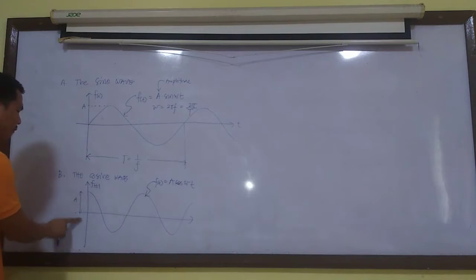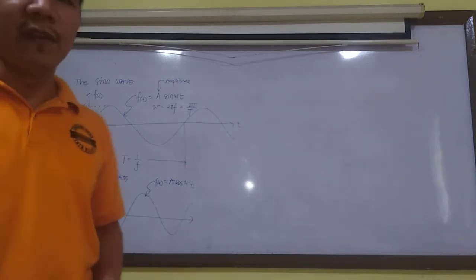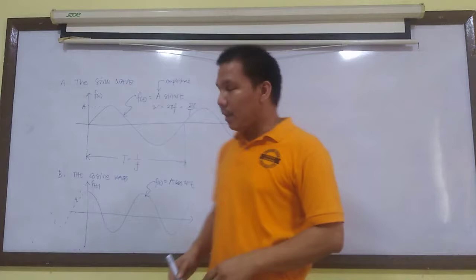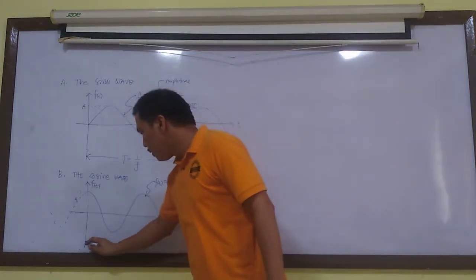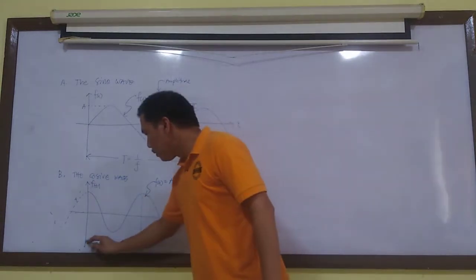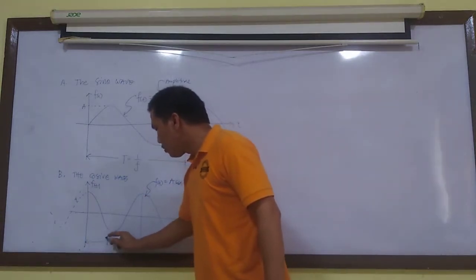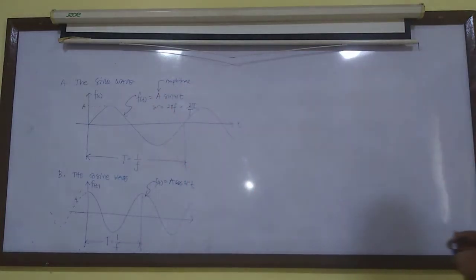The graph moves from negative infinity up to positive infinity. Your period is the time when this cosine function makes a complete cycle, so period equals 1 over f.